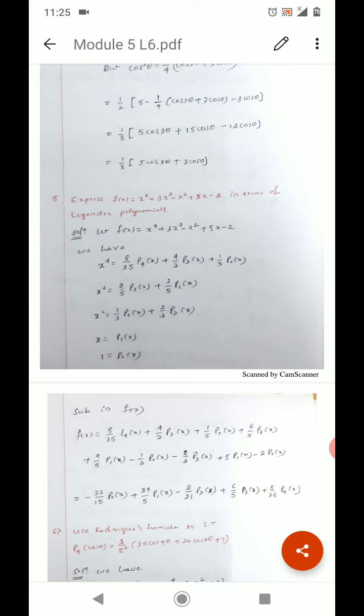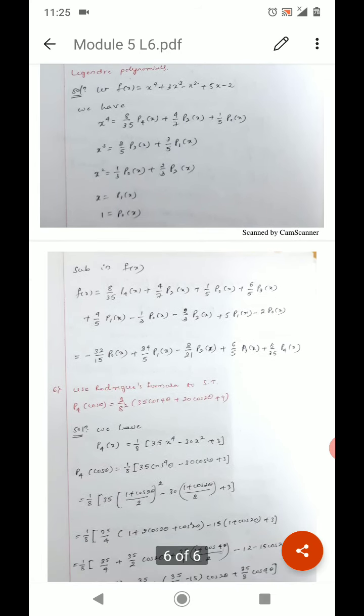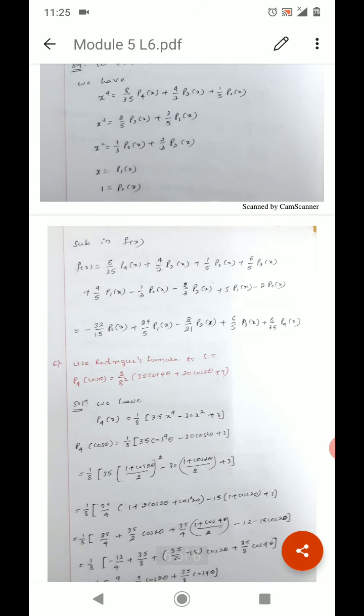We get f of x is equal to 8 divided by 35 P4 of x plus 4 by 7 P2 of x plus 1 by 5 P0 of x plus 6 by 5 P3 of x plus 9 by 5 P1 of x minus 1 by 3 P0 of x minus 2 by 3 P2 of x plus 5 into P1 of x minus 2 into P0 of x.